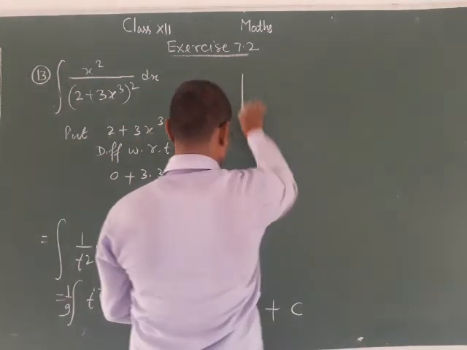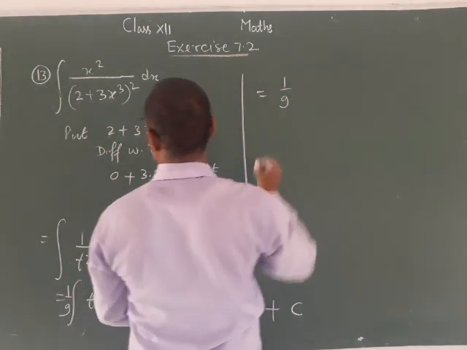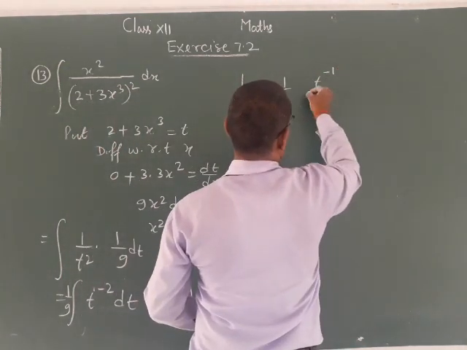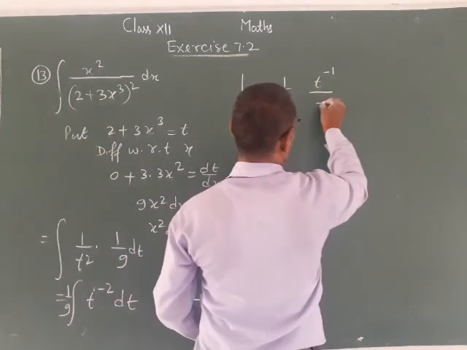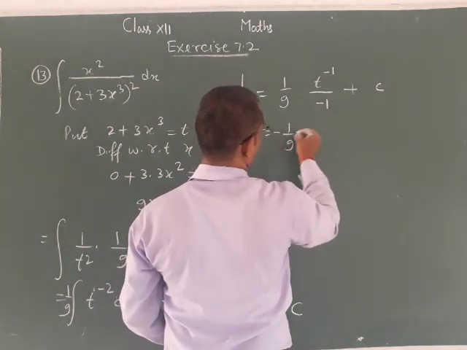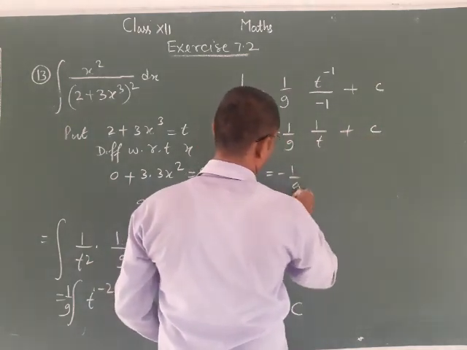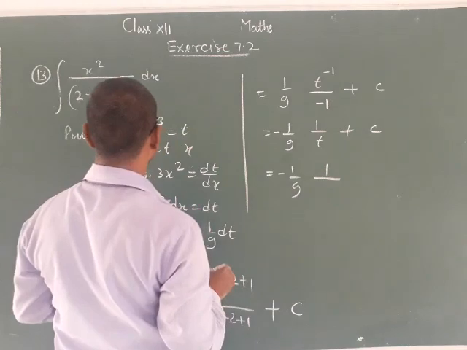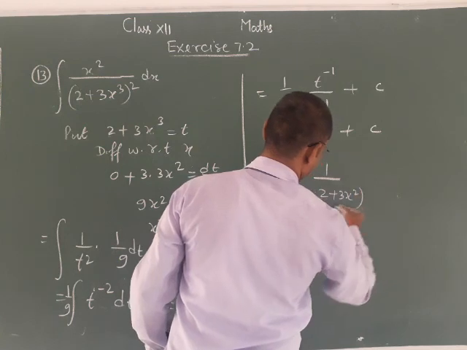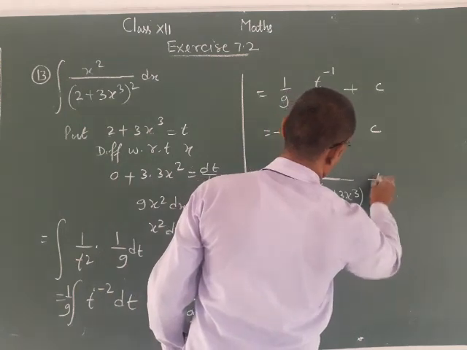So also 1/9 t to the power minus 1 upon minus 1 plus c is equal to minus 1/9 times 1/t plus c. So minus 1/9 and 1 upon t, that is 1 upon (2 plus 3x^3), and plus c.